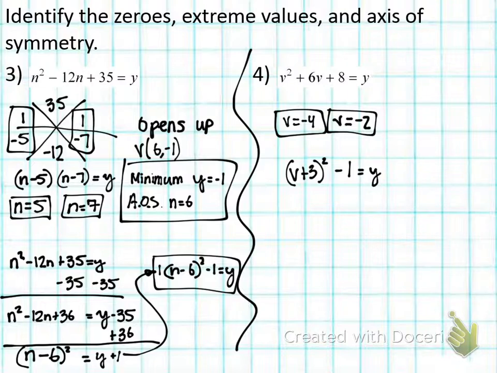What's the vertex then? Negative 3 and negative 1. Good. Negative 3, negative 1. What's your axis of symmetry? I'll do a different order this time. V is equal to negative 3, and then what's your minimum or maximum again? Minimum. Where is it at? Equals negative 1. Good.